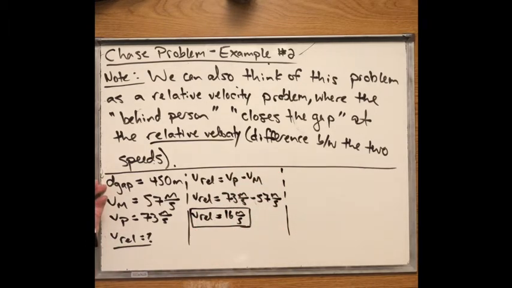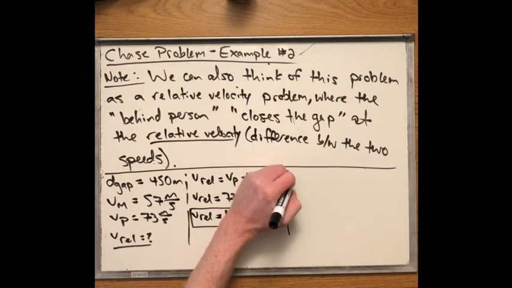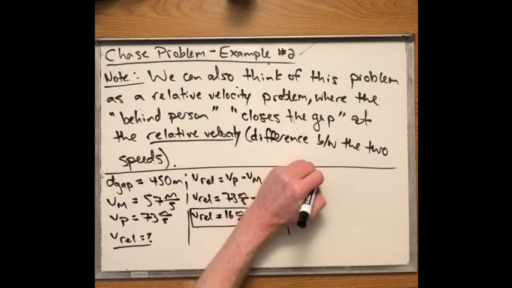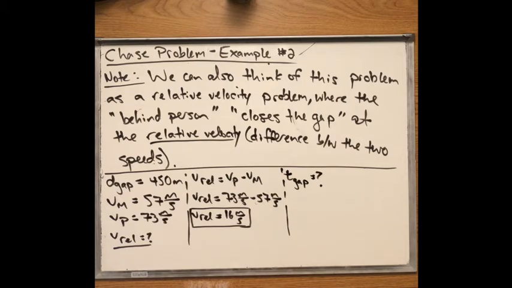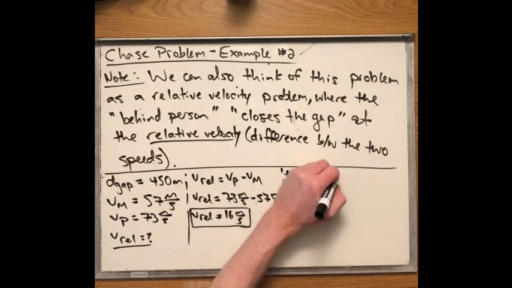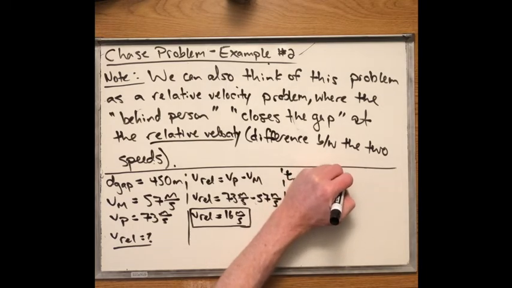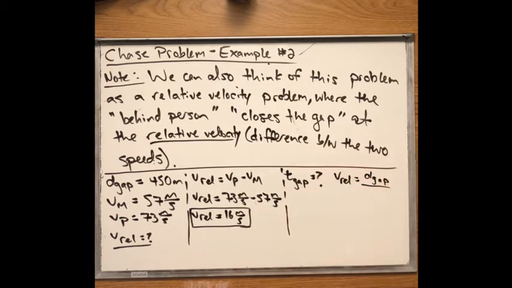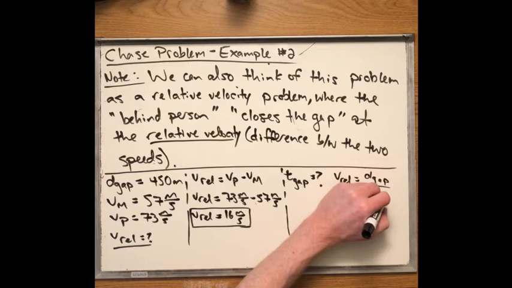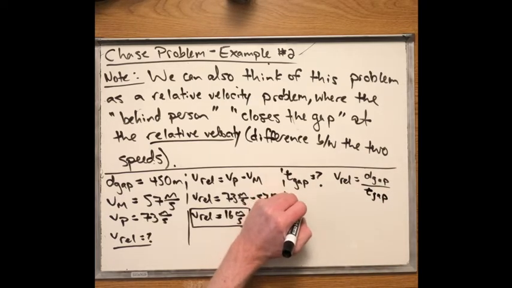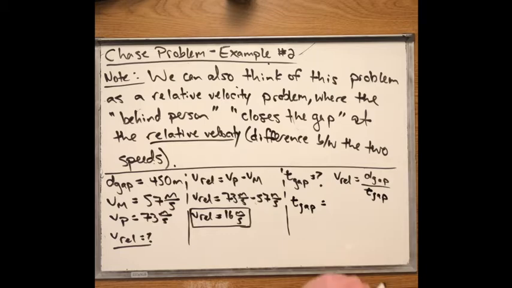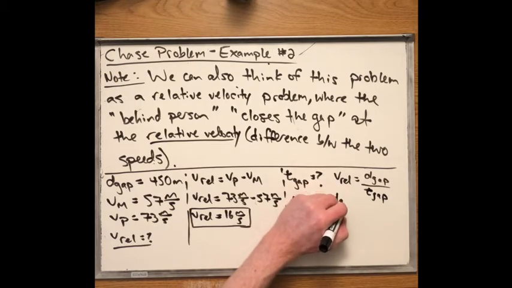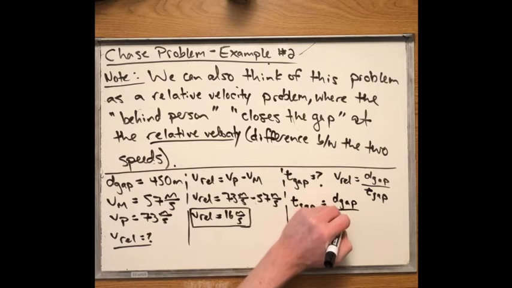And so since the officer closes that gap distance at the relative velocity, we can find how long it takes to do that. And since v equals d over t, we can say the relative velocity is equal to the gap distance divided by the gap time. And so that means the time to close the gap is going to be d gap over the relative velocity.